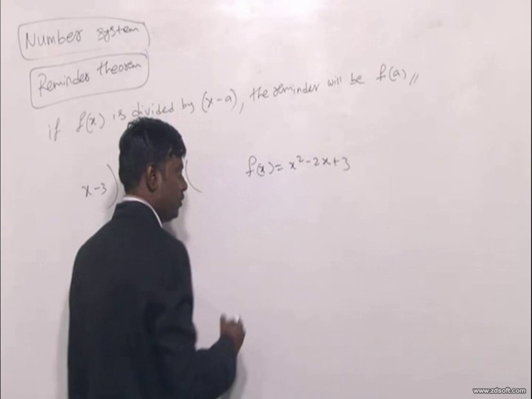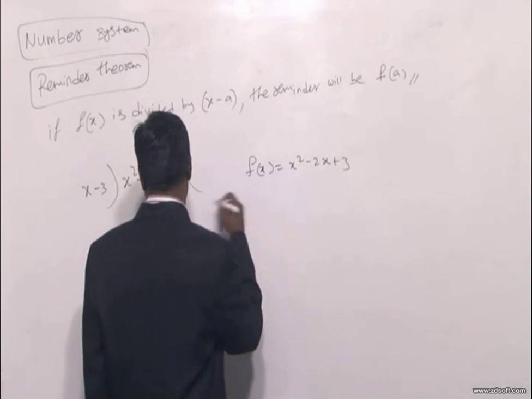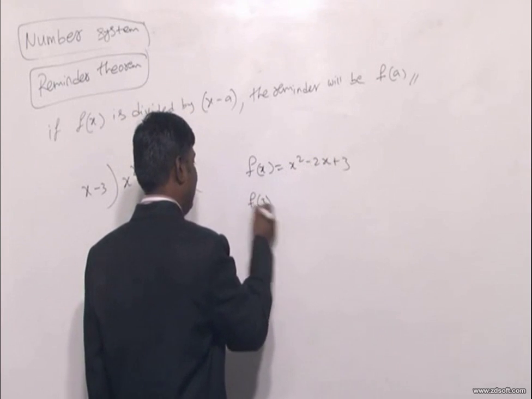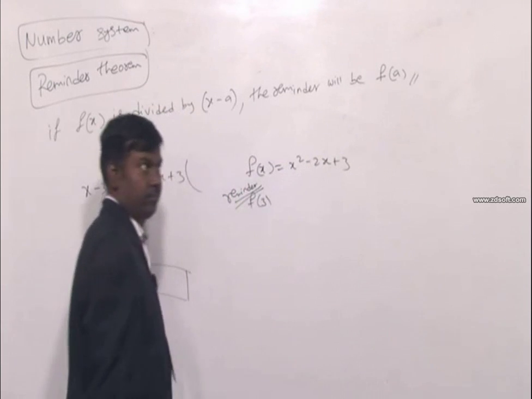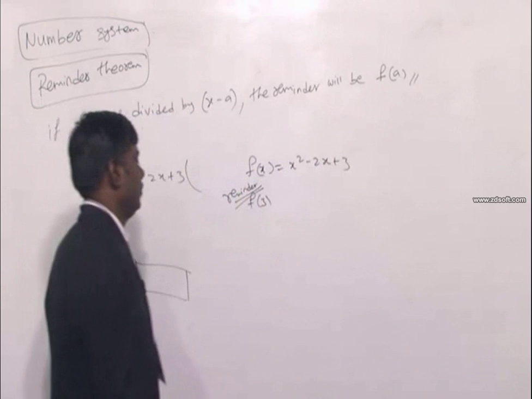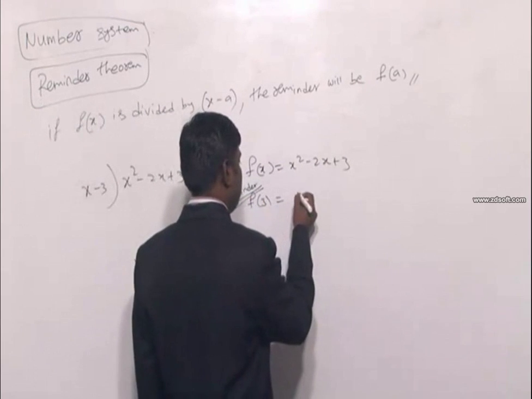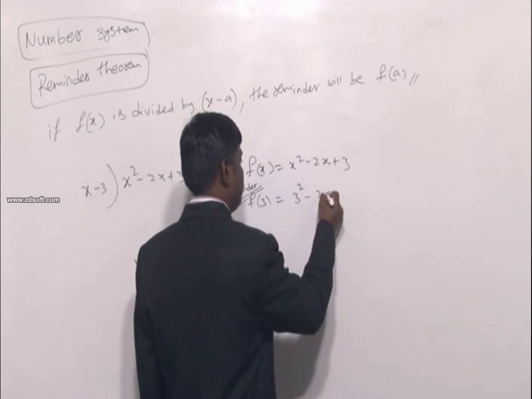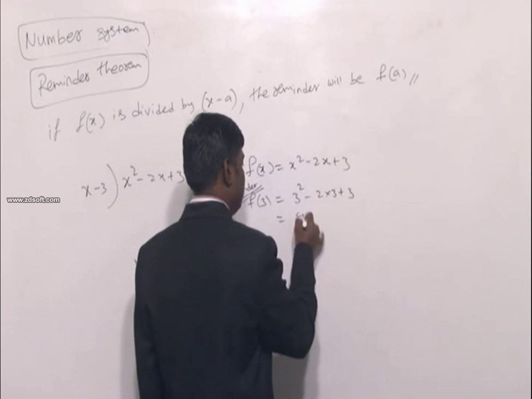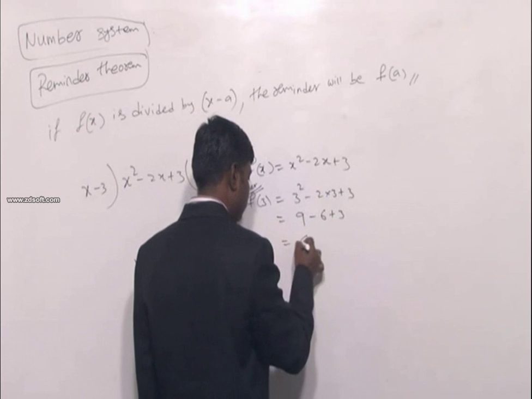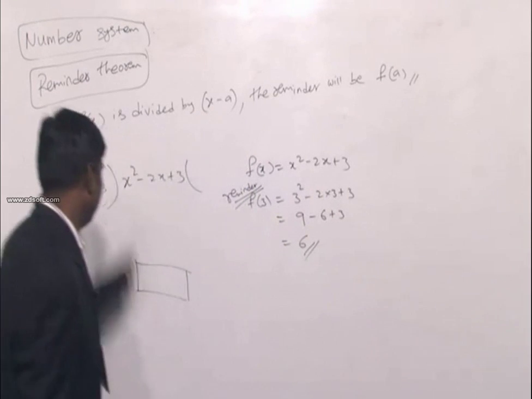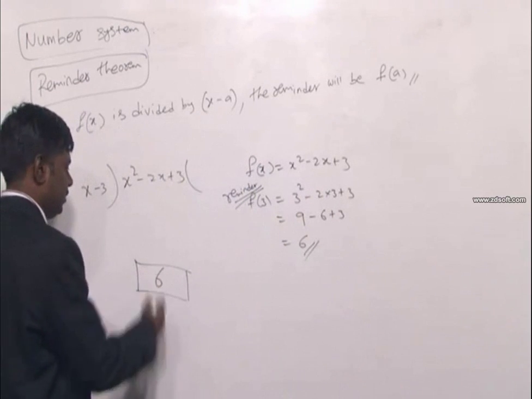If it is divided by x minus 3, the remainder is f of 3. That is 3 square, 9, minus 2 into 3 plus 3: 9 minus 6 plus 3. You should be getting 6 as the answer.